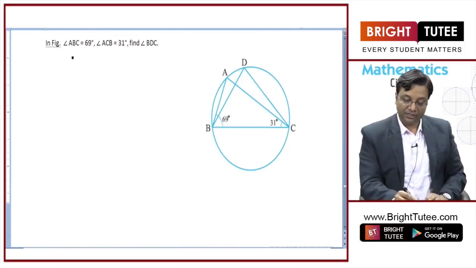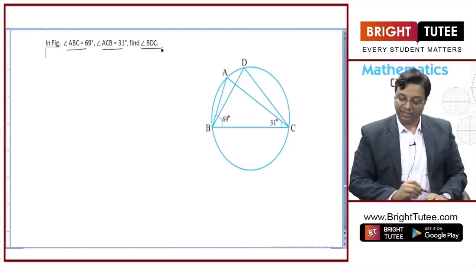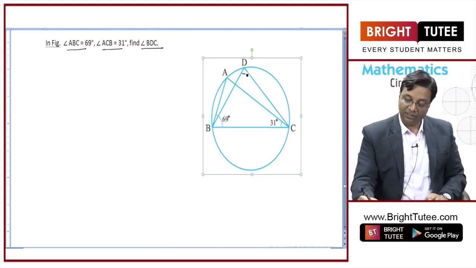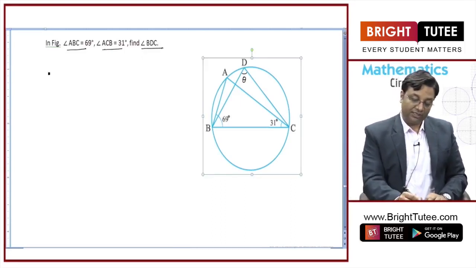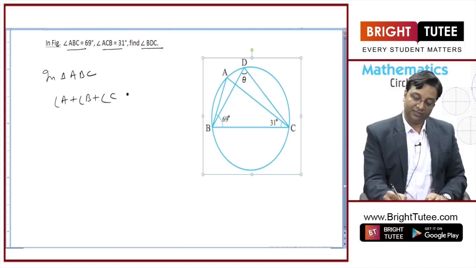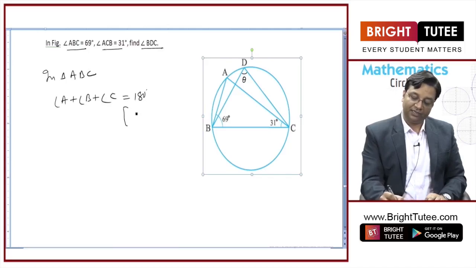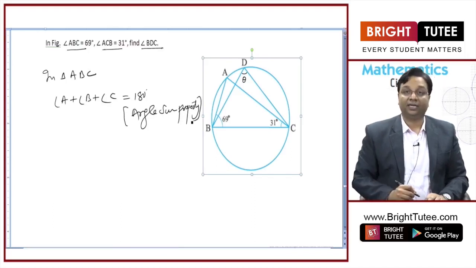Now in this figure, angle ABC is 69, angle ACB is 31, and angle BDC is to be found. So we need to find this angle theta. Look at triangle ABC. Angle A plus angle B plus angle C will be equal to 180 degrees, because of the angle sum property of a triangle.